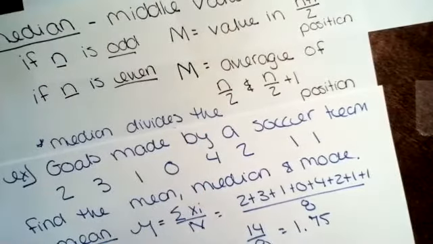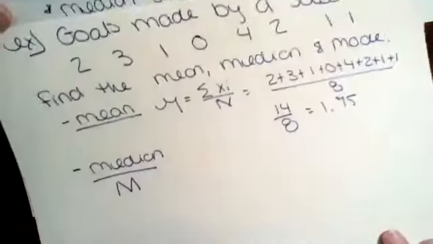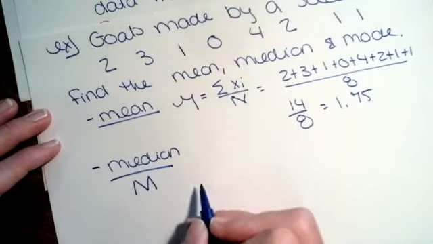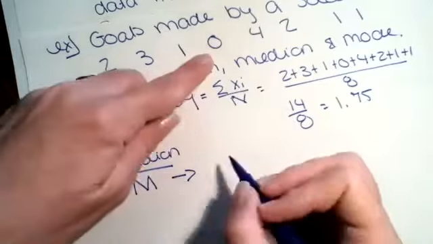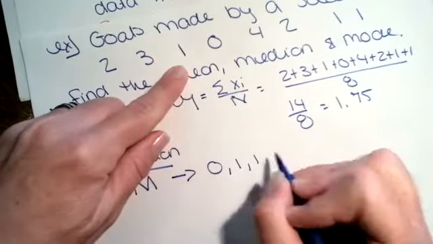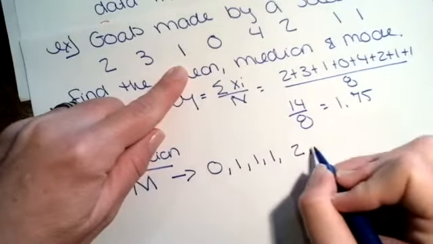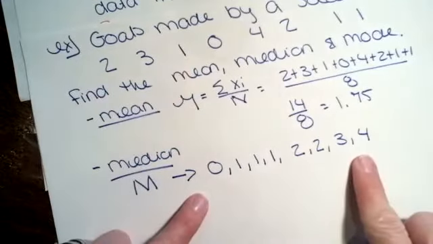In order to do that, I need to rewrite all my data values in order. I'm going to start with the smallest, and work my way up to the largest. I'm going to put commas in between so I don't think it's like 11 or something like that. So I'm just going to reorder these, and this is crucial for the median.